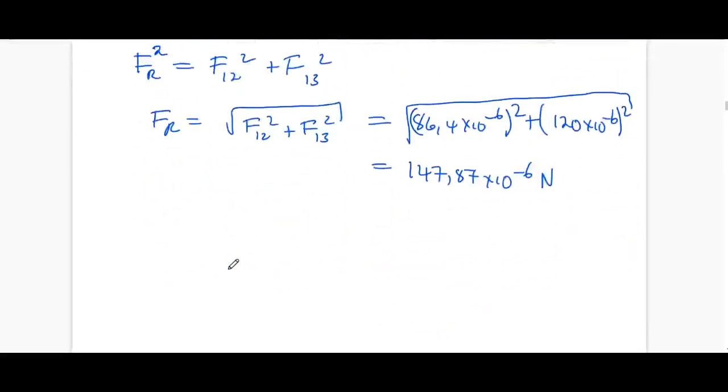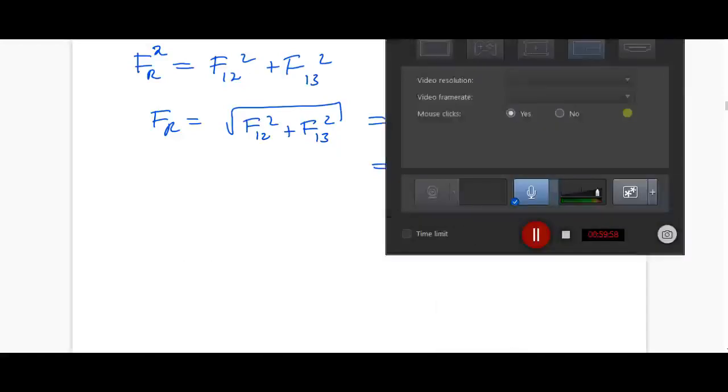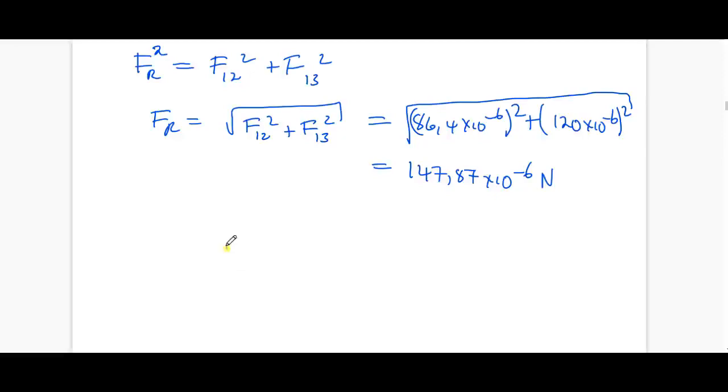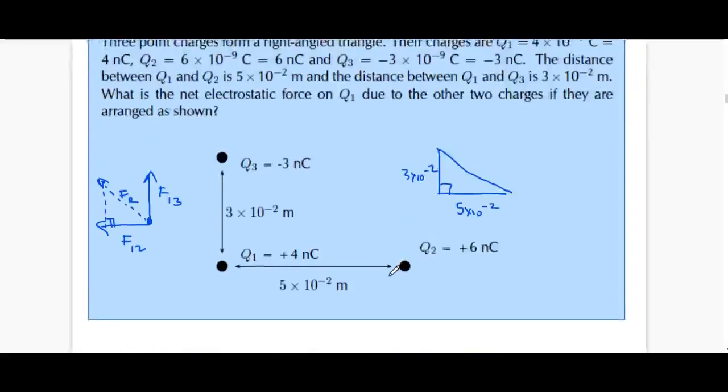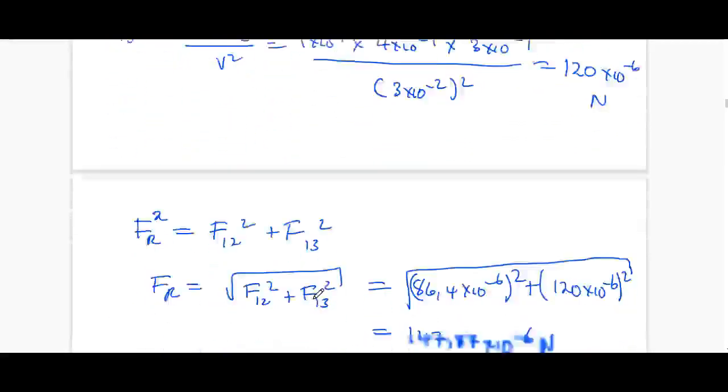We did not answer the question fully because the question wanted the electrostatic force, not the magnitude only, so they want magnitude and direction. For direction you'd say theta is equal to arctan of the y component divided by the x component. In this case, our y component is F13, and the x component is F12.